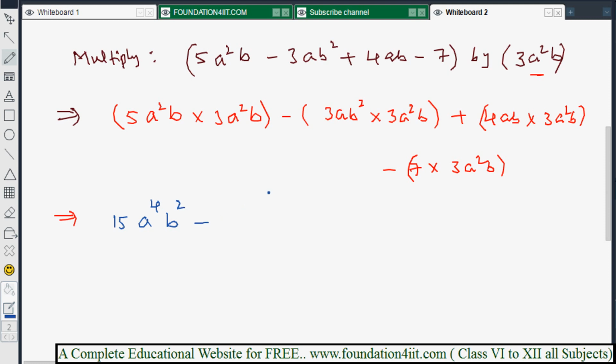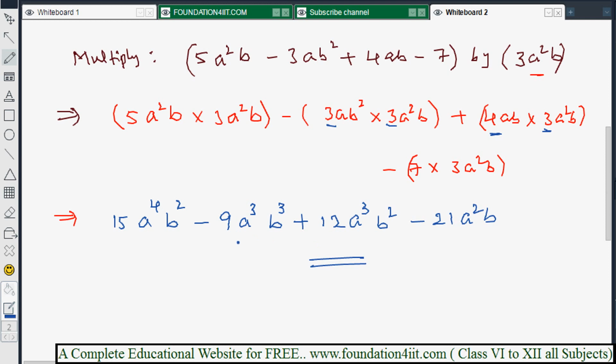Minus, and second term 3 into 3 is 9, a square is a cube and b square b is b cube. Next plus 4 times 3 is 12, a square is a cube and b square. Similarly minus 7 times 3 is 21 and a square b. Fine. So this is the final result.